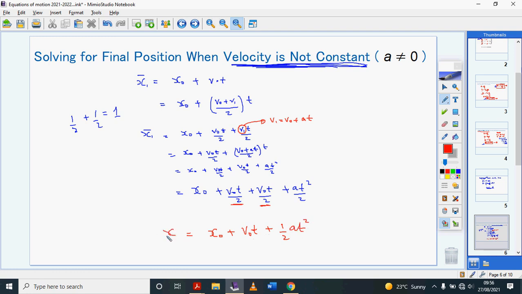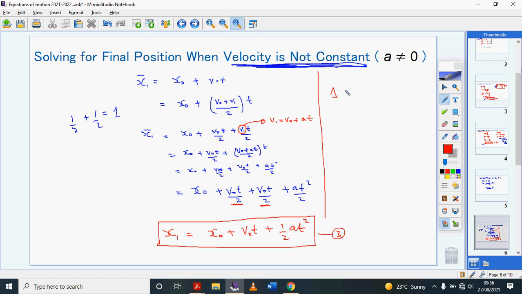That is final position. This is, I think, one of the most useful equations of motion, and we'll call it equation 4. In some books, you'll see it written as change in position equals v0 t plus 1/2 a t squared. And it's the same thing, because when you take this x0 to the other side, then you have x1 minus x0 equals v0 t plus 1/2 a t squared.